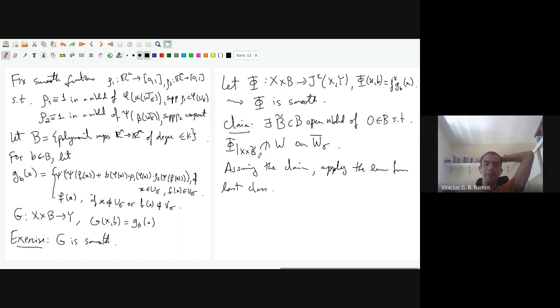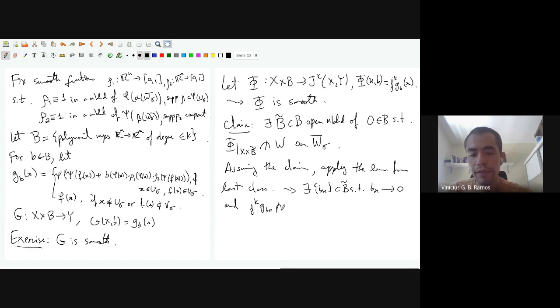It said that if this family of maps was transverse to W, then there exists a sequence in the set of B's such that when you fix the B, you have a transverse map that was dense. So there exists a sequence of Bn in B tilde such that Bn converges to 0, and jk of gBn is transverse to W on W sigma.